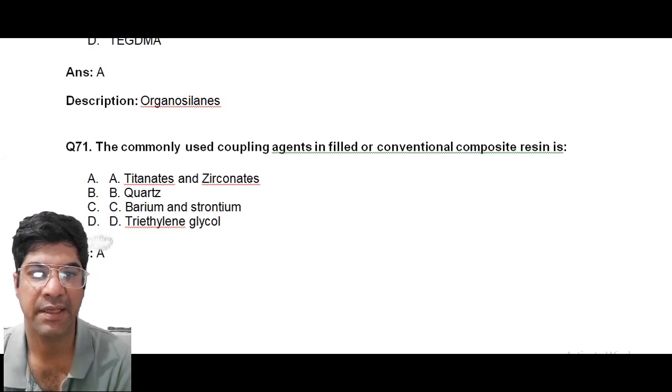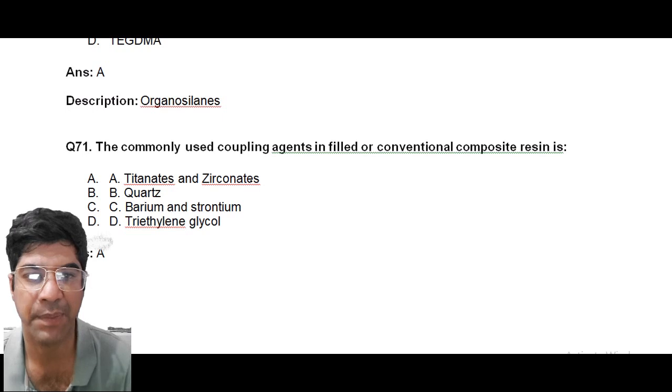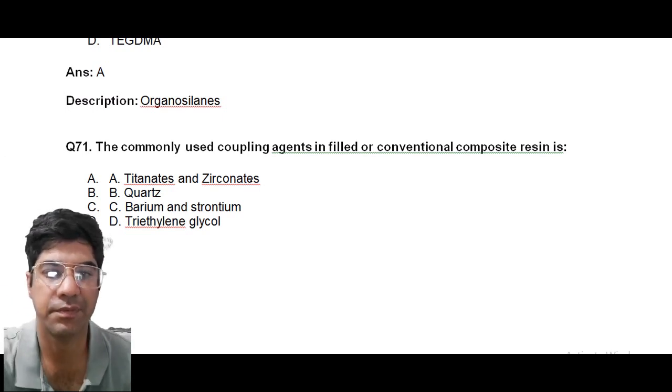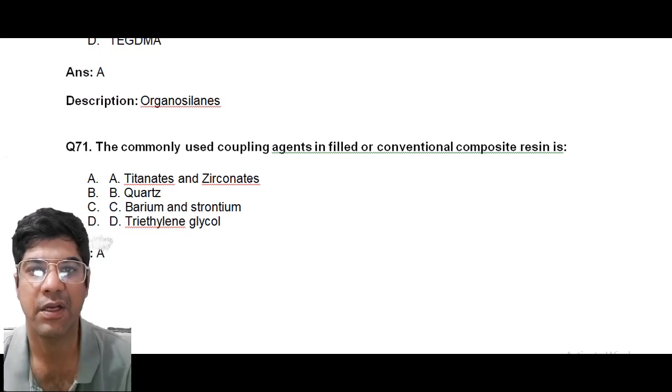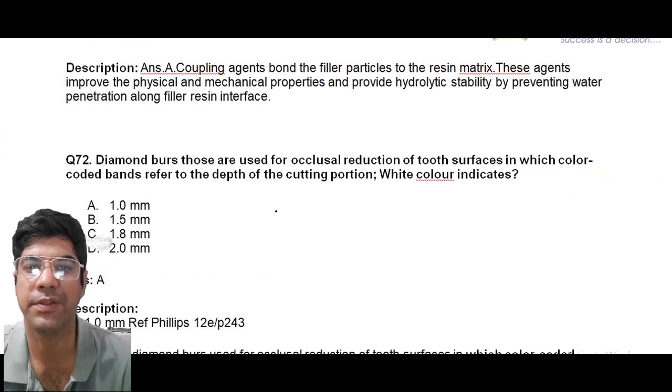Coupling agents in filled composite resins, like titanates and zirconates, are commonly used. These coupling agents play a role in bonding the filler to the resin matrix, which improves the physical and mechanical properties of the composite.